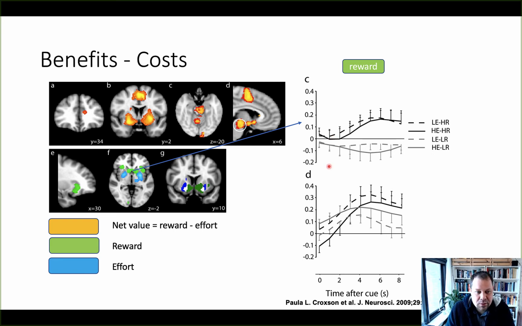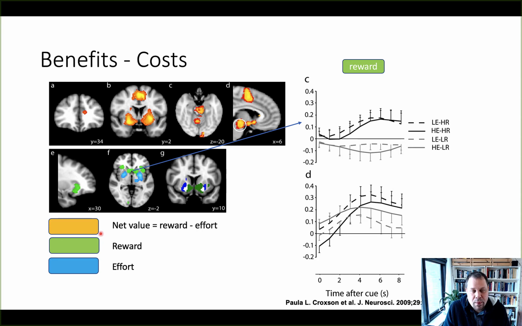So based on these activation patterns, we can say that what the brain seems to do is it seems to have some regions that are involved in processing rewards, other regions that are involved in processing the efforts, and then a whole set of regions that are involved in integrating these two different pieces of evidence, right?